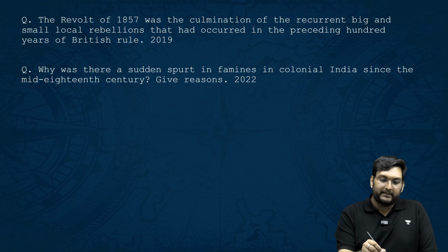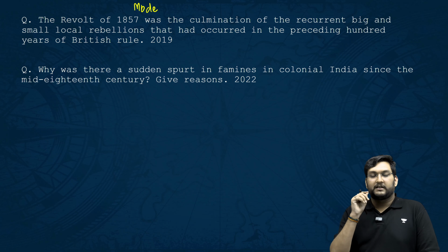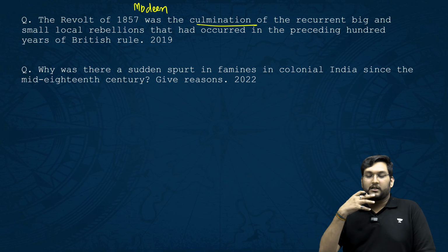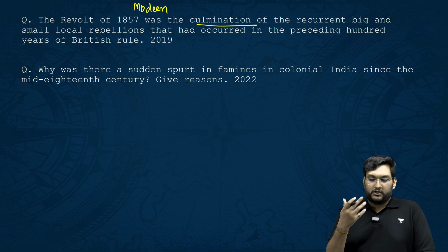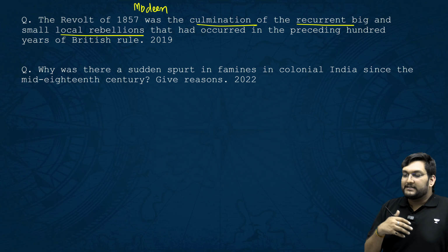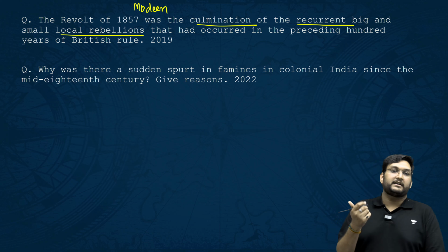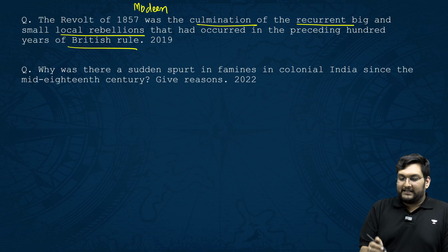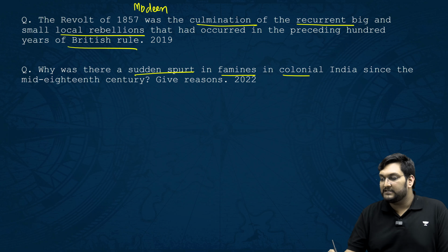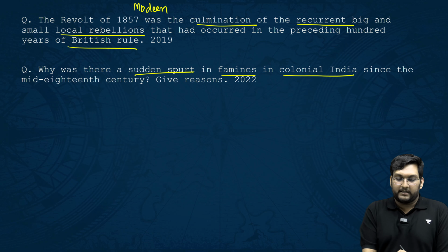This is a modern India question: the revolt of 1857 was an accumulation, a cumulative effect, of recurrent big and small local rebellions that had occurred in the preceding 100 years of British rule. Or, why was there a sudden spurt in famines in colonial India since the mid 18th century?